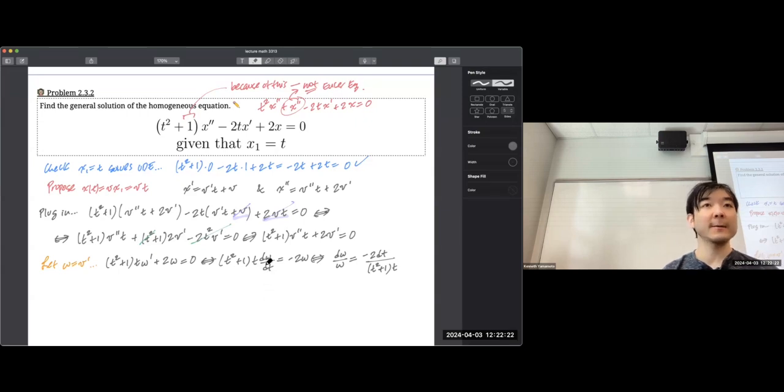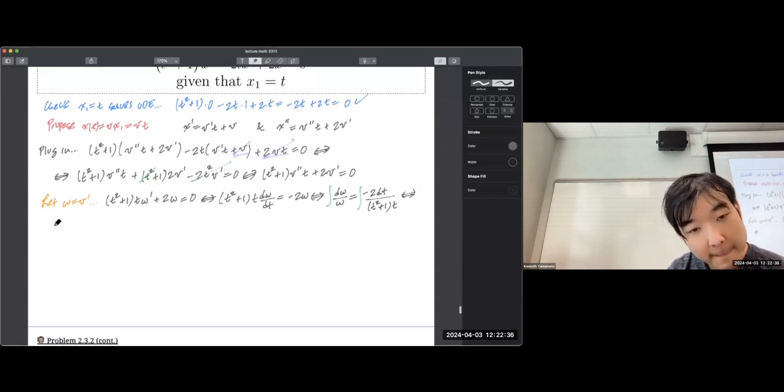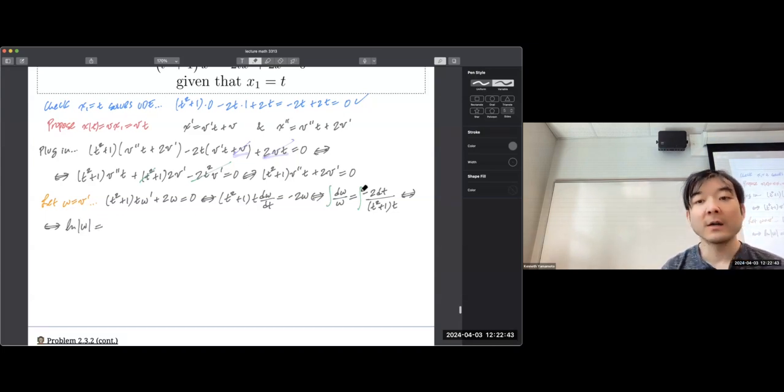This is separated now. So now I could take the integral. The left side integral is really easy because that's just ln of w, absolute value of w. The right side integral is hard because it's like this t squared plus 1 times t on the bottom.